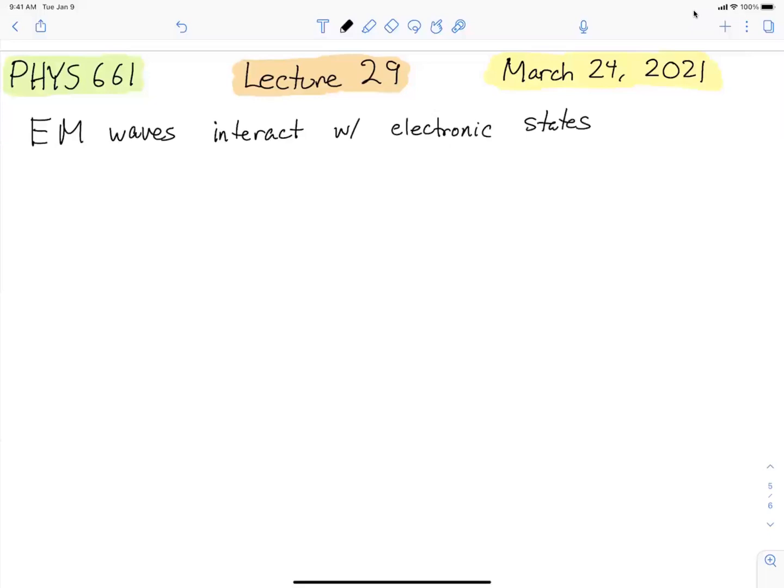Okay, so beyond the E1, which is electric dipole jargon, approximation.